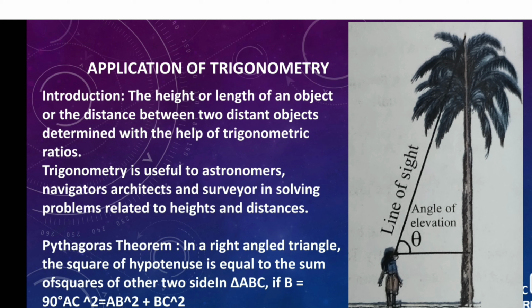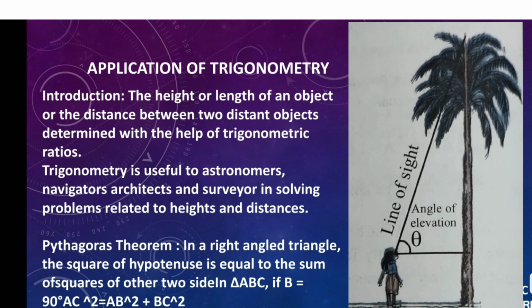She also imagines a horizontal line from her eye to the tree. Here, the line of sight, the horizontal line and the tree form a right angled triangle. So to find the height of the tree, she needs to find a side or an angle in this triangle. In this way, we can understand the sum.